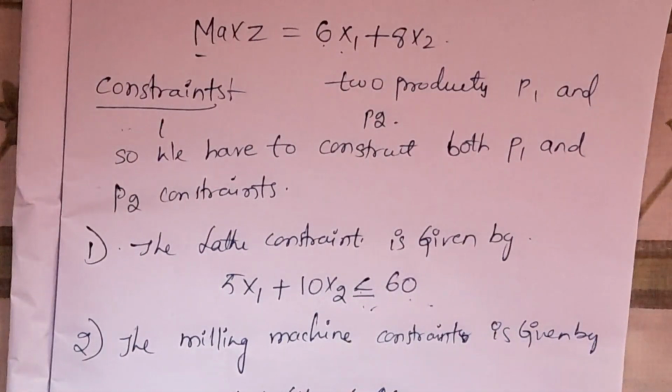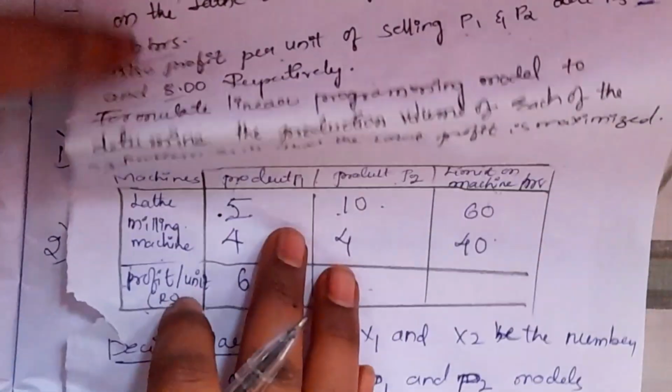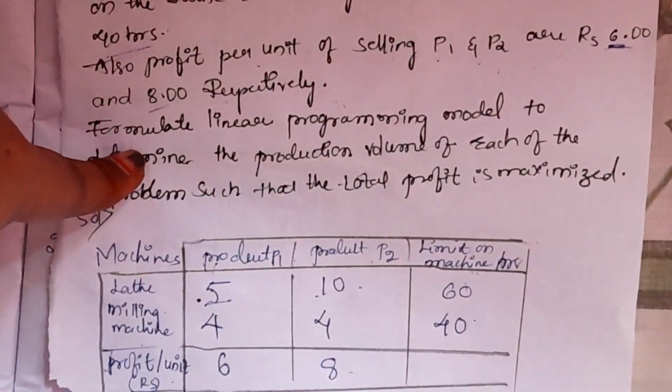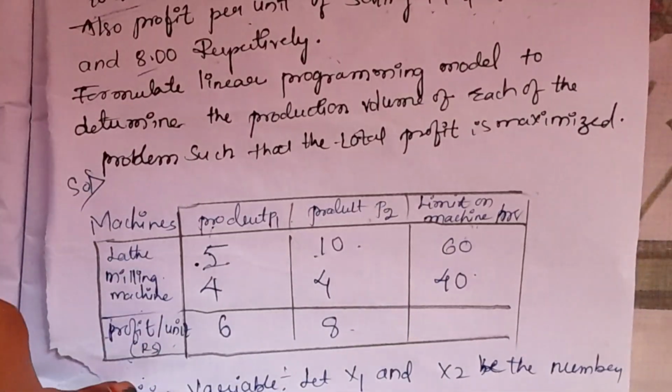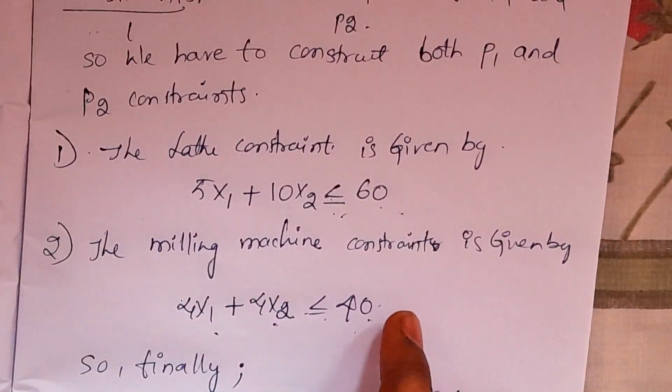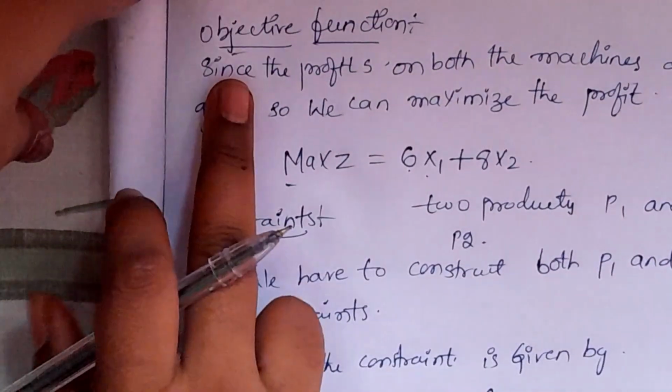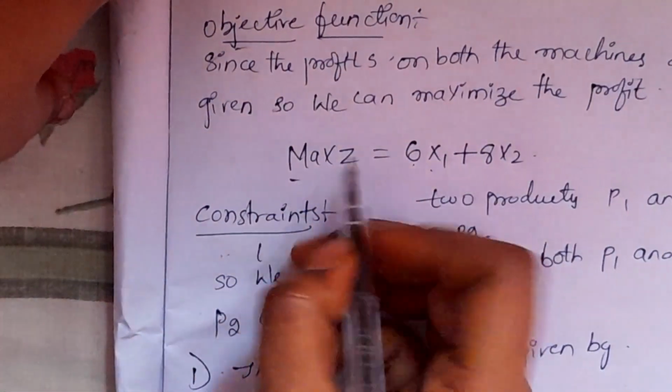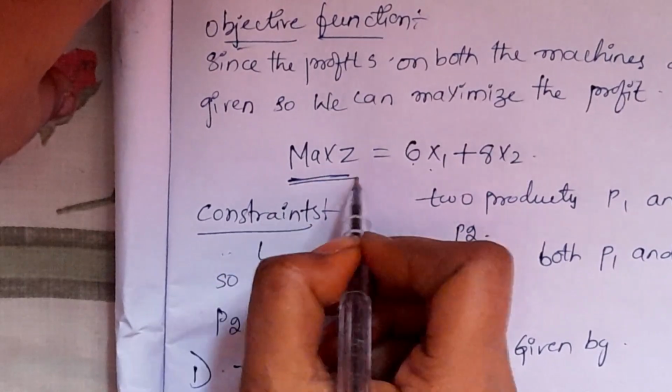So guys, for a better understanding, first we have to construct a table considering all the factors. After that we have to take the products P1 and P2 as x1 and x2. Then we have to construct the objective function. This is necessary to write, compulsory.